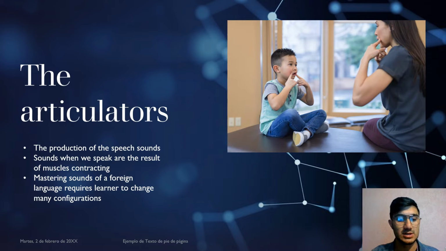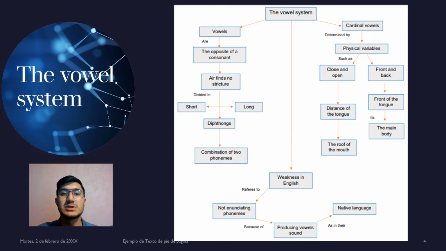In the topic of the vowel system, we can talk about different vowels, cardinal vowels and vowels. The vowels are the opposite of a consonant, where the air finds no obstruction, and they can be short, or long, or they can be diphthongs.